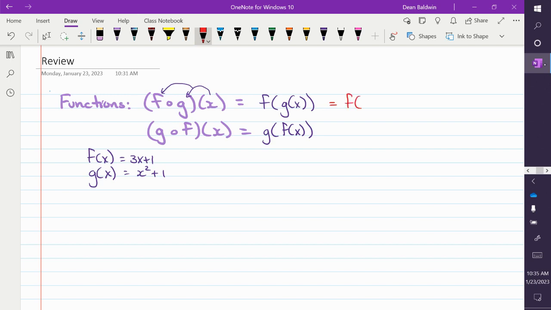So this is f of x squared plus 1. Whatever's in brackets goes where? In for the x's. So this whole thing goes in for this x right here. So it becomes 3 times x squared plus 1, plus 1. So I get 3x squared plus 3. So 3x squared plus 4 is your answer.